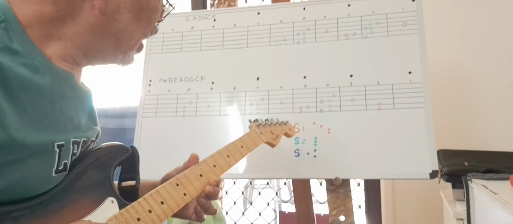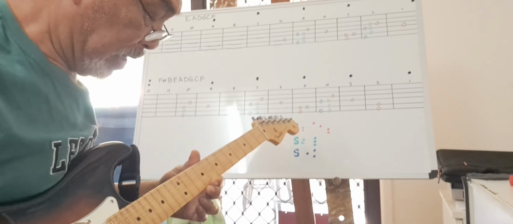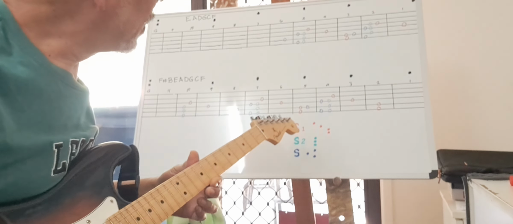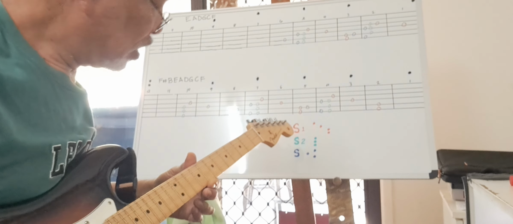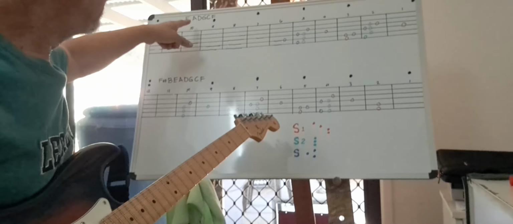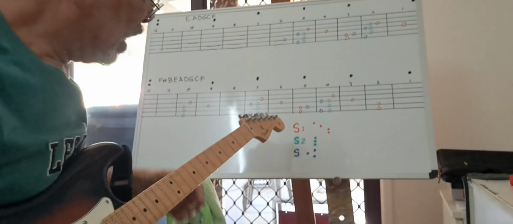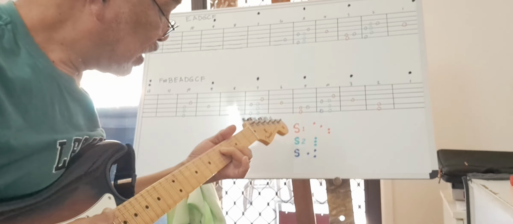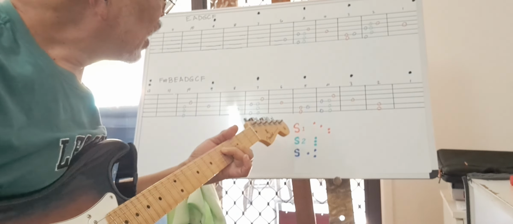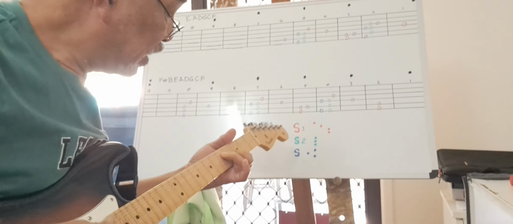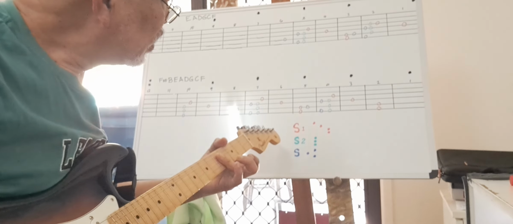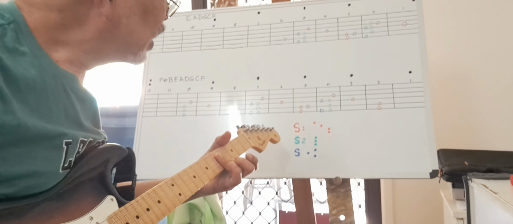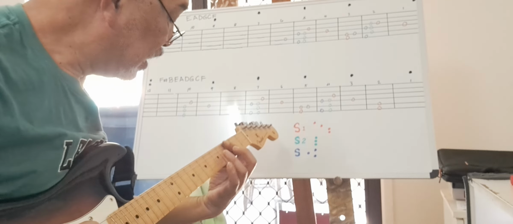This is low E, and then A, D, G. But what I found out is that after G it should be C, because this is G, and if we follow my pattern, shape 1 and then shape 2, that is C. See?